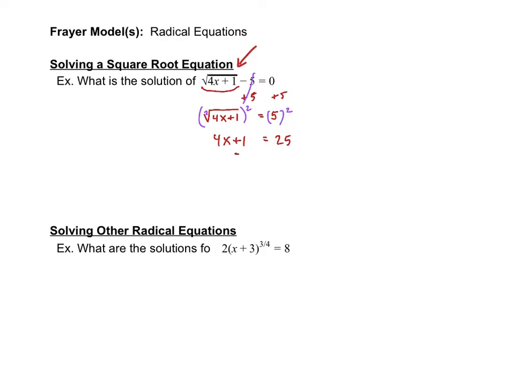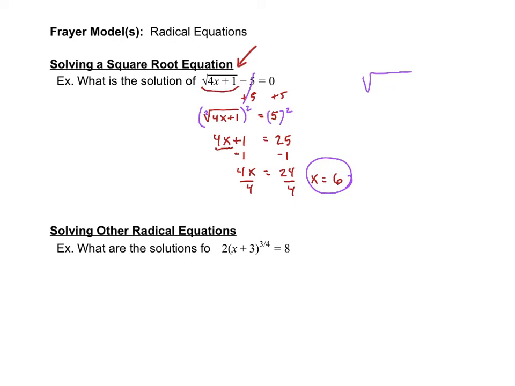Continue with your inverse operations to isolate your variable here, and we get 4x is going to be equal to 24, and finally x is going to be equal to 6. And when they talk about extraneous solutions, we always like to forget to check it.